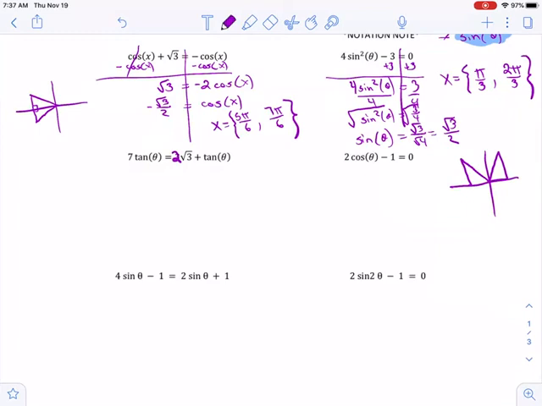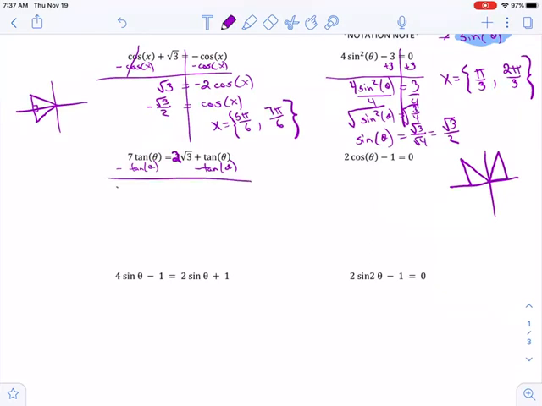Tangent of theta, this one is going to be a little bit tricky because, obviously, tangent is opposite over adjacent or adjacent over opposite. So I'll get all the way down to being pretty close to it, and then I'll probably leave some work for you to figure out. But let's take away tan theta from both sides.